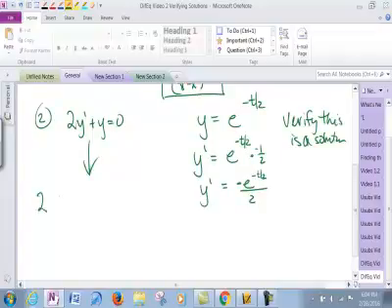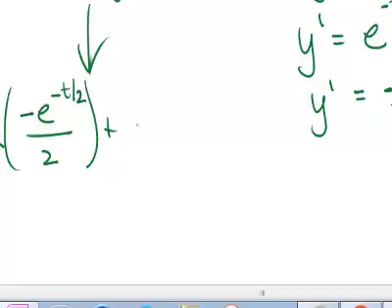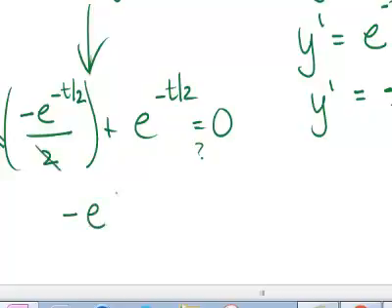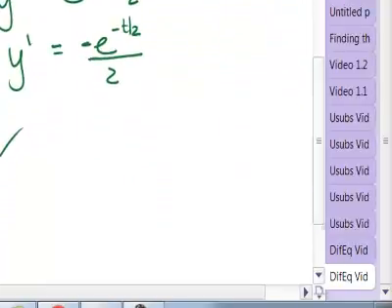We're going to take 2, and instead of y prime I'm going to put in negative e to the negative t over 2, over 2, and then I'm going to add to that what y is equal to, which is e to the negative t over 2. Is that equal to 0? The nice thing here is these are going to cancel: negative e to the negative t over 2 and adding e to the negative t over 2, like terms, they're opposite, and they do equal 0.